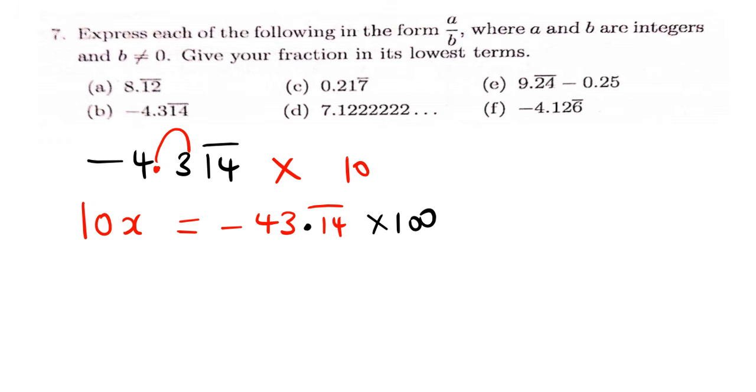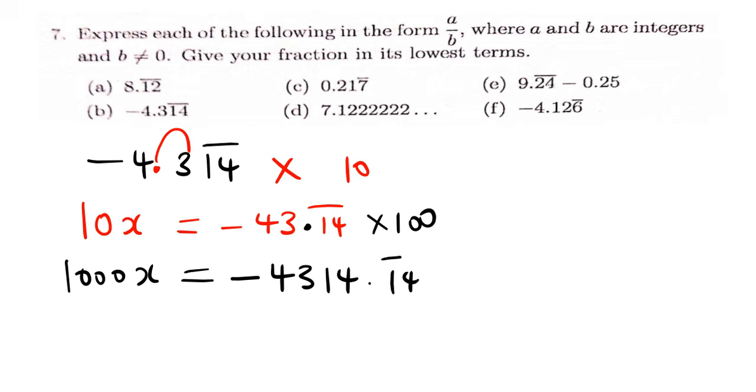So this side I'm going to have 1000x, because I've multiplied by 100 on both sides. On this side I'm going to have negative 4314.14 repeating. Then I'm supposed to subtract equation number 2 minus equation number 1.